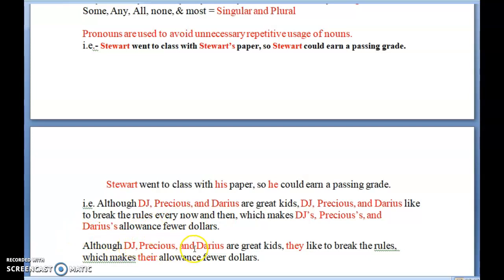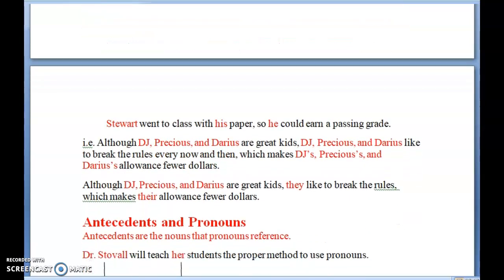Although DJ, Precious, and Darius are great kids, now we have a subject of a clause, and so we're replacing DJ, Precious, and Darius with the third person plural subject case pronoun they, like to break the rules, which makes their, and so instead of using the compound DJ's, Precious's, and Darius's, we can replace that compound with just the third person possessive case pronoun their, which is plural. Okay, great. Let's move on.